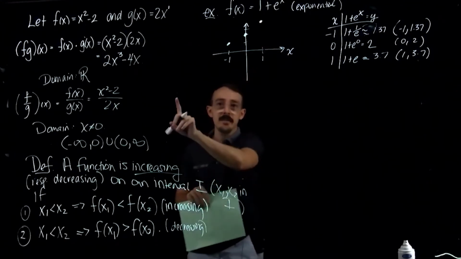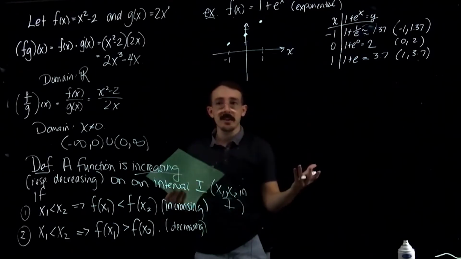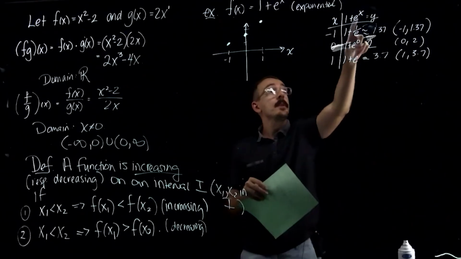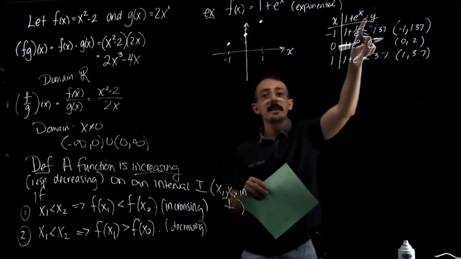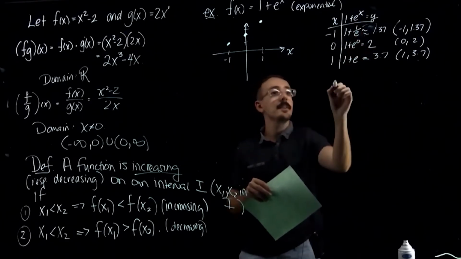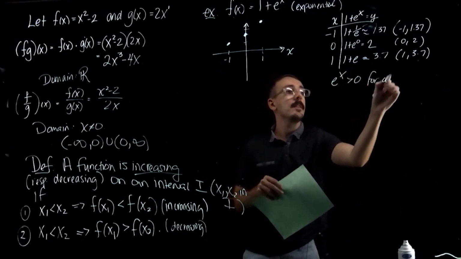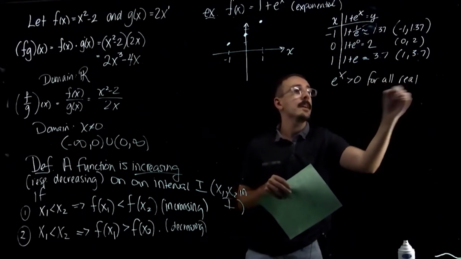So you want to read graphs from left to right to determine if they're increasing or decreasing. If you think about it, no matter what you plug into the e to the x function, it's going to be greater than 0 for all real x values.